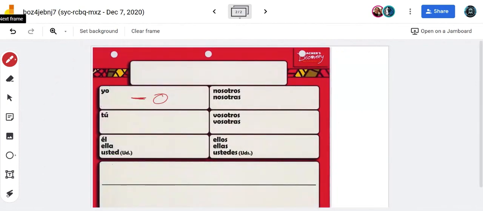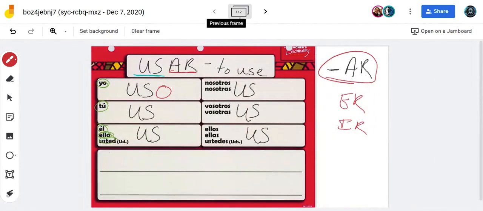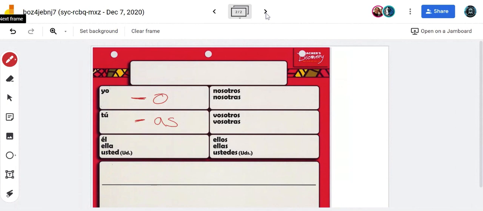So, for the tú form, the dash represents the stem. Then we add AS. So you use would be usas. For él, ella, or usted, the dash represents the stem.